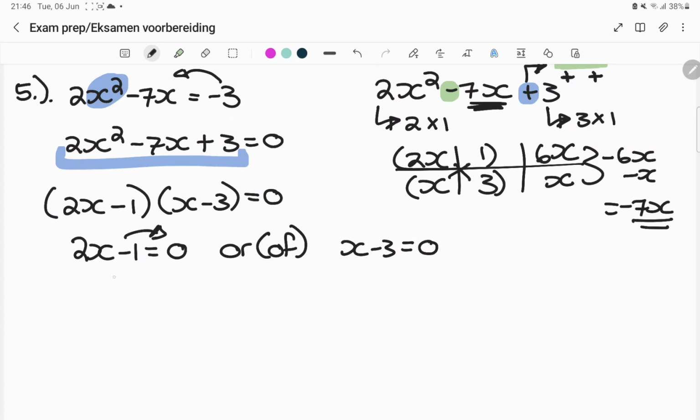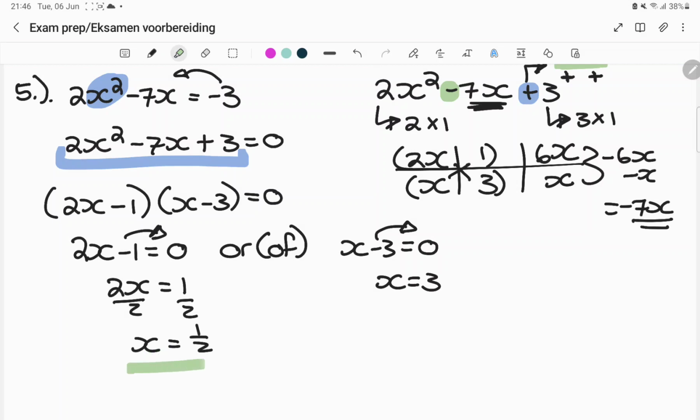Taking over my minus 1, I have 2x equals positive 1. I divide both sides by 2. So x is equal to a half, or we take over the minus 3, so x is equal to 3. So x is equal to a half, or x is equal to 3.